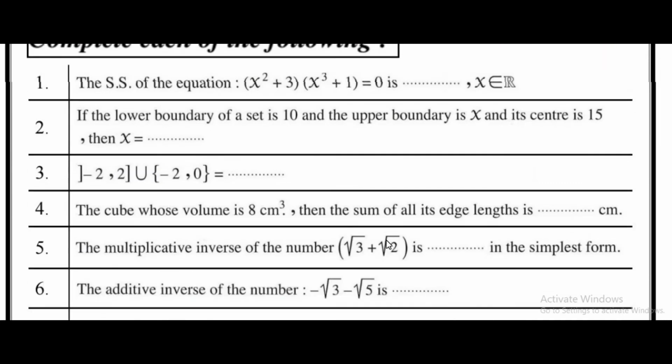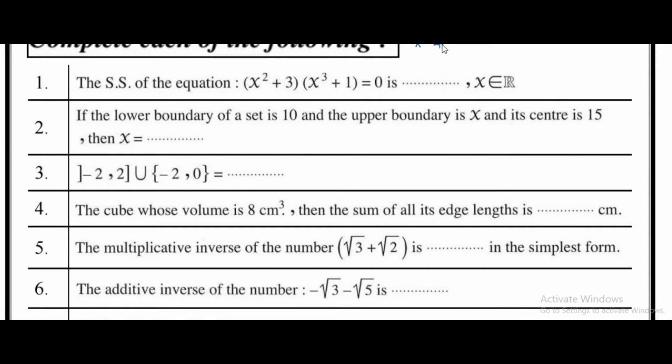Complete each of the following. The solution set of x square plus 3 multiplied by x power 3 plus 1 equals 0, where x belongs to R. When I have bracket times bracket, or more than 2 brackets, equal 0, we take the first one and set it equal to zero, so x power 2 plus 3 equals 0. This is refused, impossible for anything to the power 2 plus a number to equal 0.